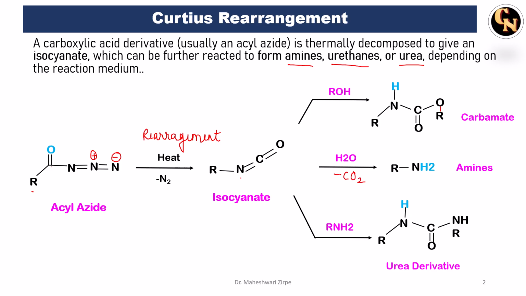The last one is the urea derivative: if you react the isocyanate with an amine, it gets converted into a urea derivative, that is RNH C double bond O NHR.